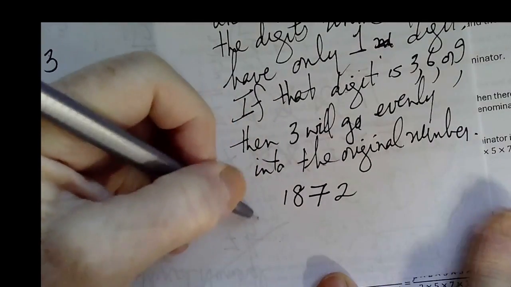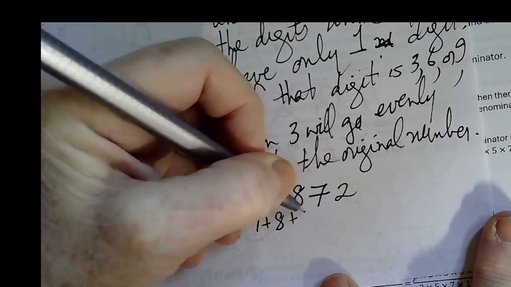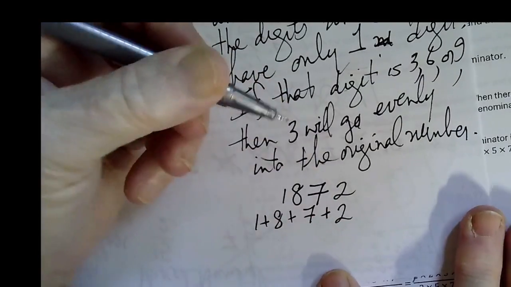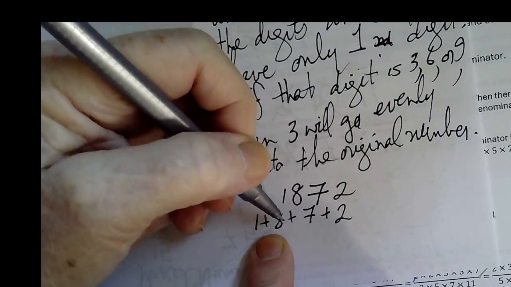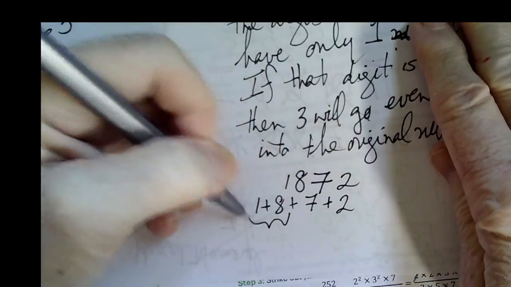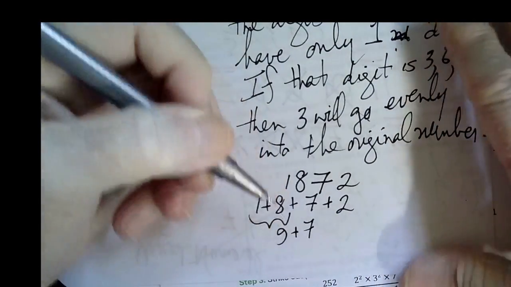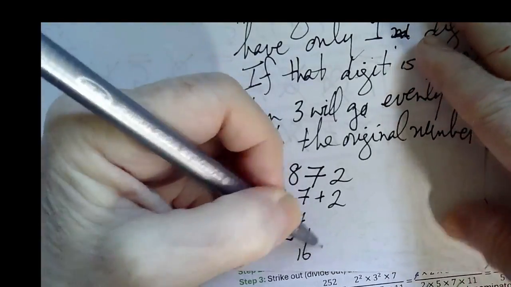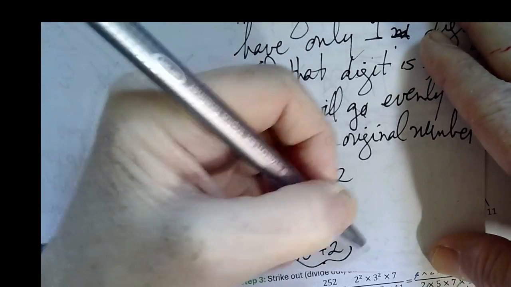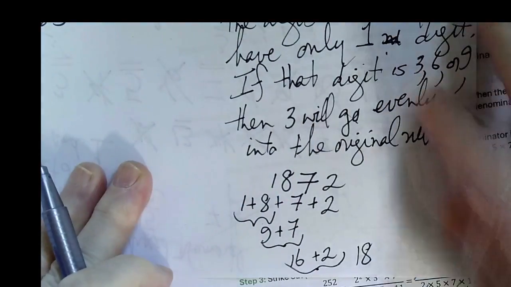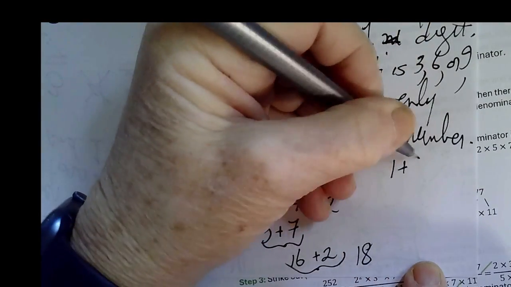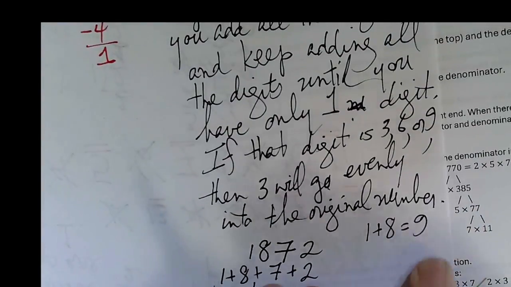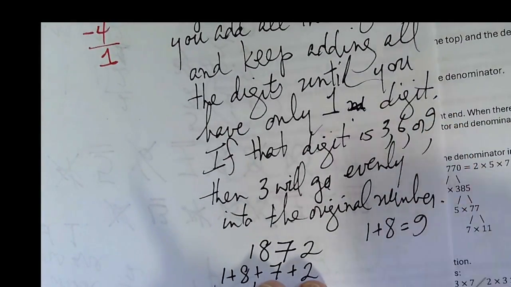Well, I'm just going to add 1 plus 8 plus 7 plus 2. 1 plus 8 is 9. 9 plus 7 is 16. 16 plus 2 is 18. But 18 is 2 digits, so I'm going to add again. 1 plus 8 is 9. And I have a single digit, and 9 is one of the numbers.